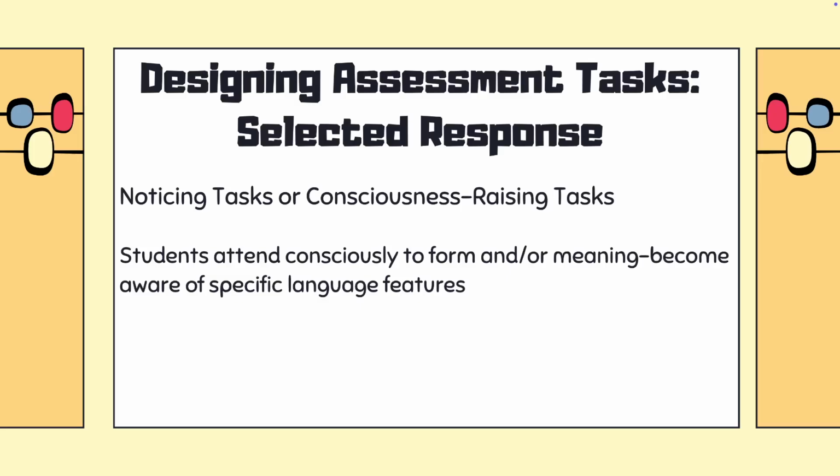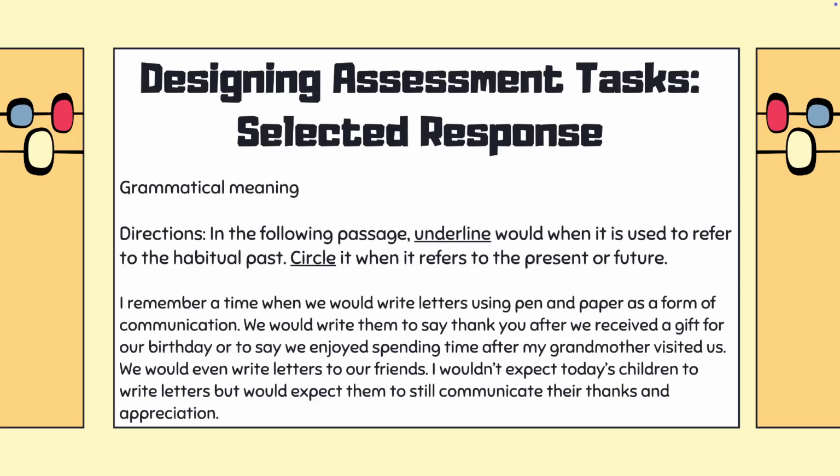And one way to teach your students is through the assessment. So if you use an item like this, okay, this one is all on meaning. In the following passage, underline would when it is used to refer to the habitual past. Circle would when it refers to the present or future. And so now in the assessment, students are focusing directly on the form.